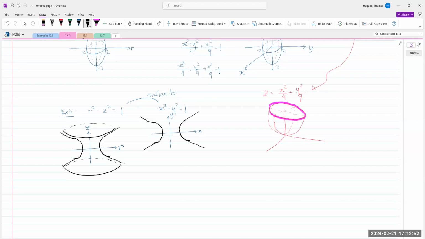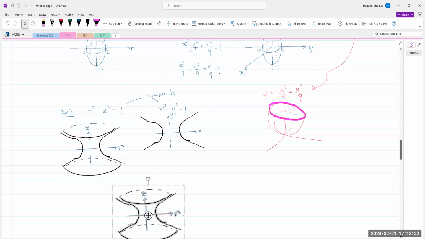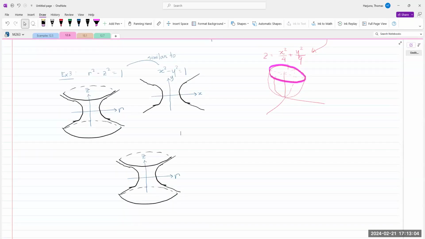Okay. Now to add flavor to that so that we see the xyz components, I copy paste that down here, but I change the r becomes y, and going in the x direction, that's our x direction. Now the cross section here will be circular.